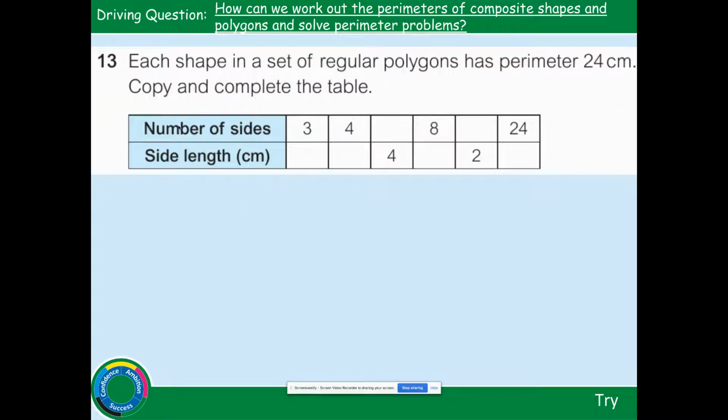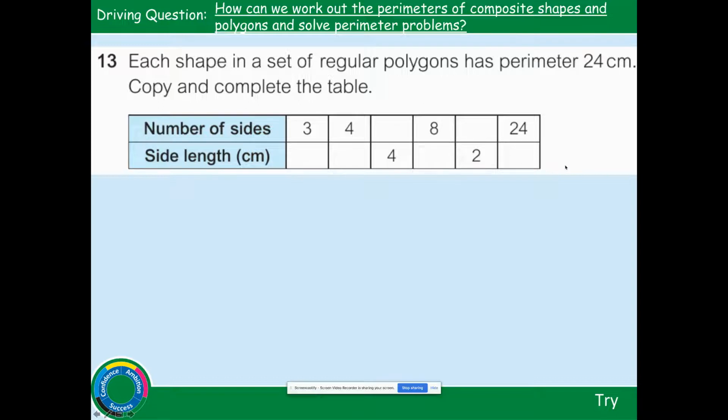Okay, so copy this table onto your paper and see if you can find the lengths of one side for these 4 questions, and it's exactly the same process to find the number of sides. We've been given the perimeter, so we have to divide by either the number of sides or the length of one side to give us the other.